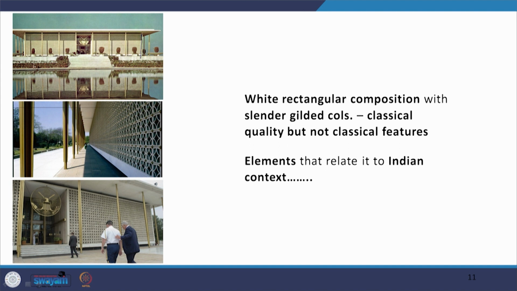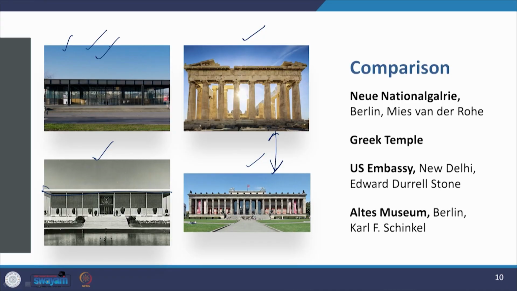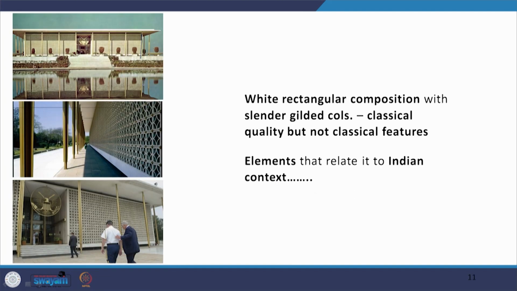They were golden gilded columns, in this classical quality, but not the classical feature. The column itself did not have the dimension of a classical column. This in a sense was similar to the approach of the New National Gallery by Mies van der Rohe, where the column is a steel I-section, so it is a slender column, but the facade is a reflection of the classical facade.